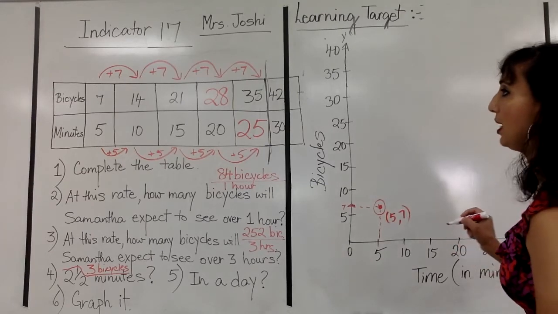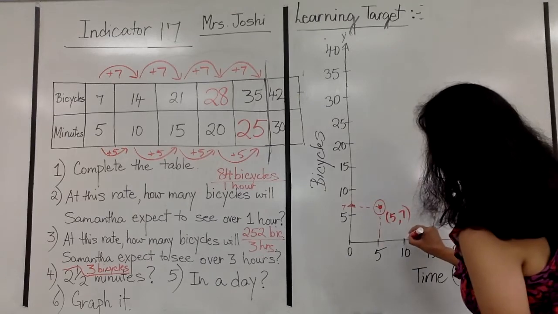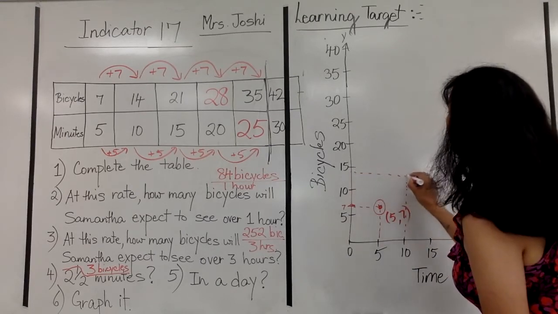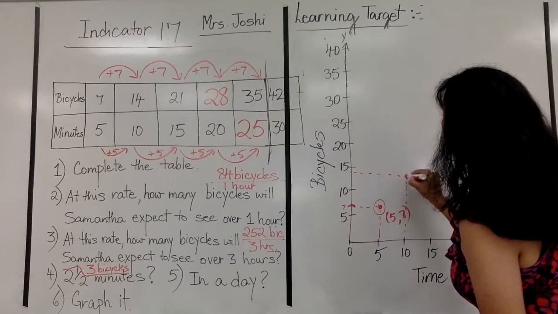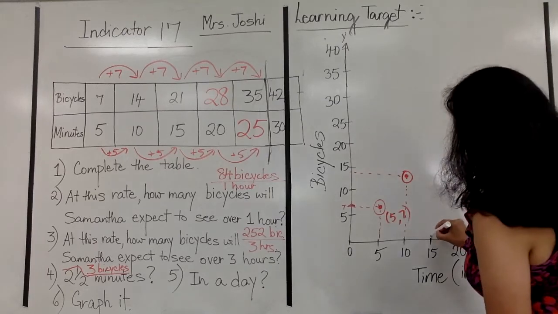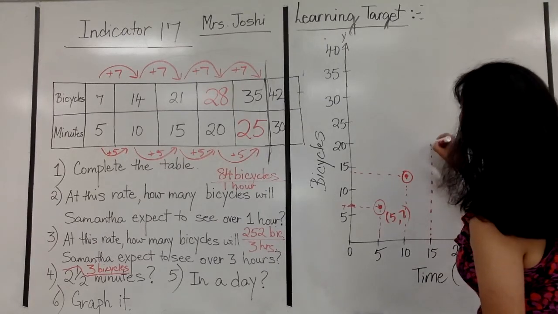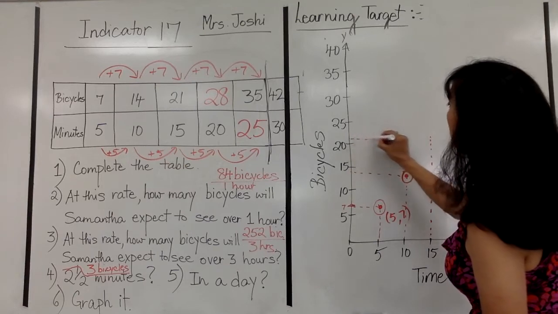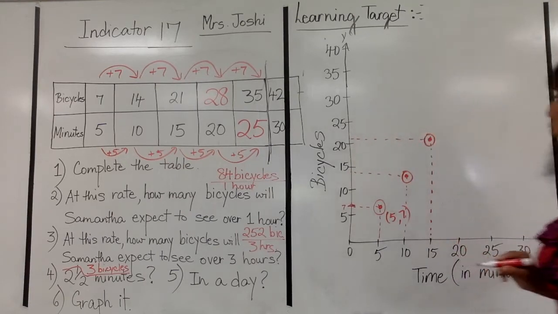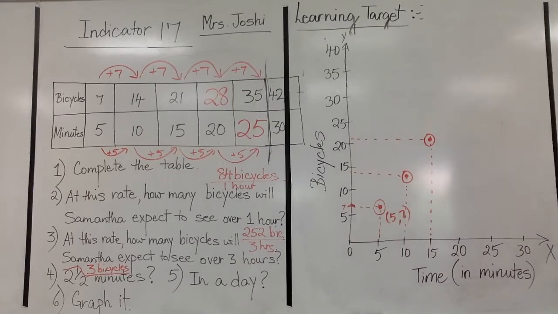Okay, in 10 minutes, there are 14 bicycles. So this is 10 now, and this is 14 around over here. Where they meet, that is your ordered pair. Okay, 15 minutes, we have 21, which is around here. So this is your ordered pair.